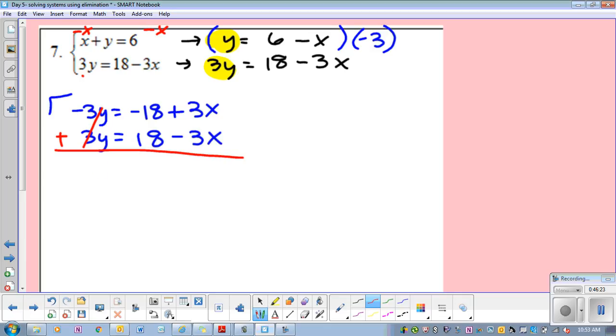All of it. So 0 equals 0. Is that true or false? True, right? 0 does equal 0. So this is true. So this means we have an infinite number of solutions. Yes?